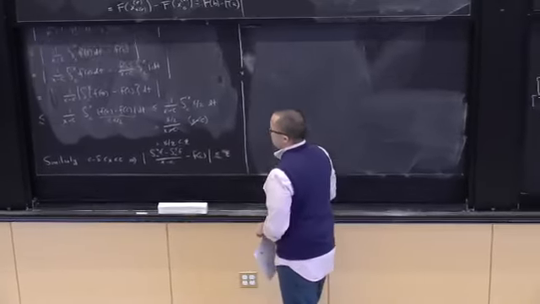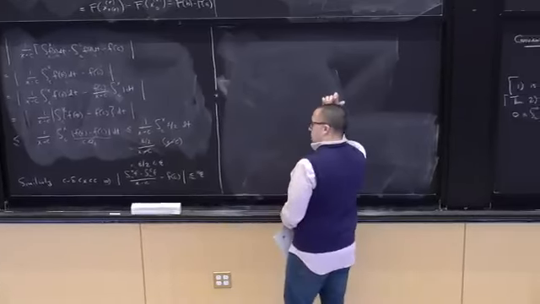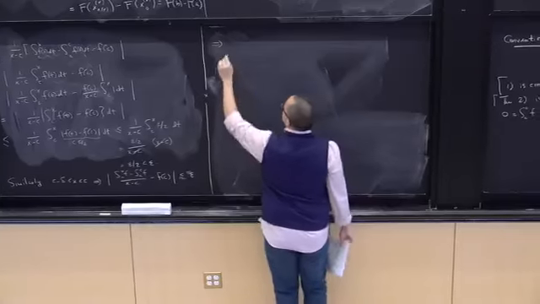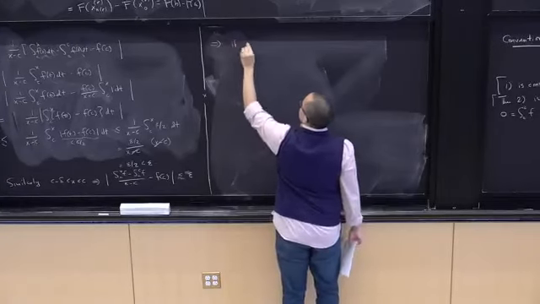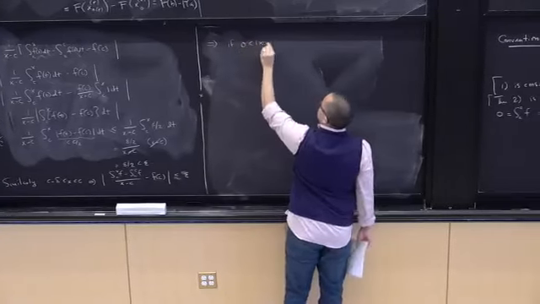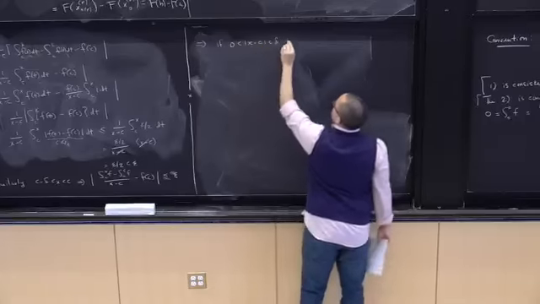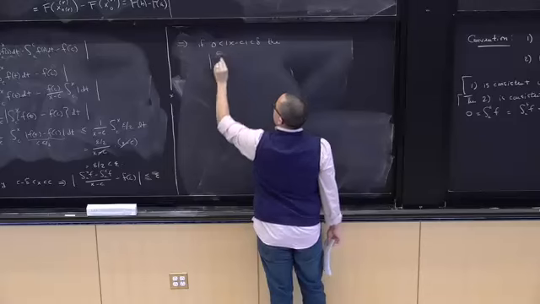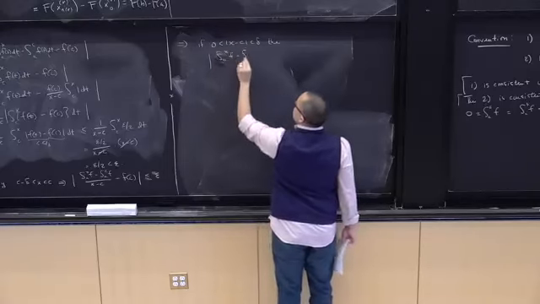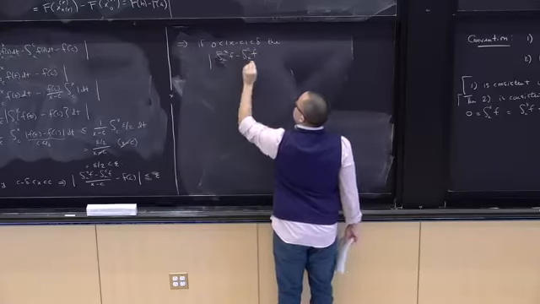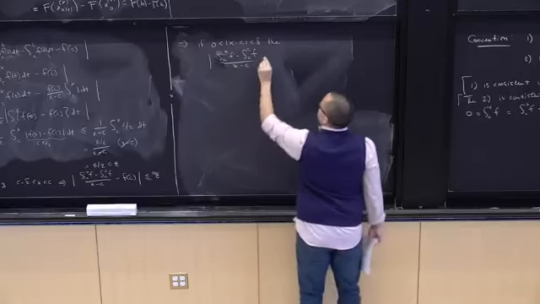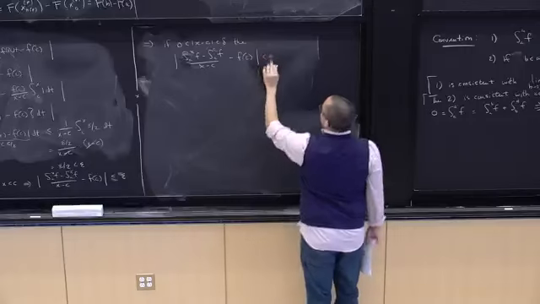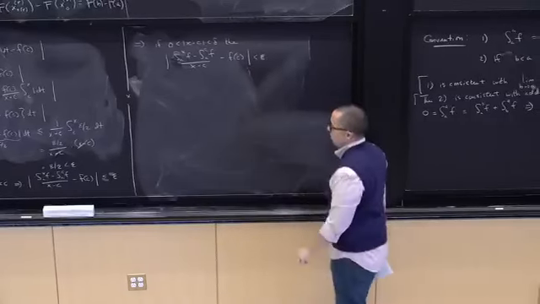So we've done x between c minus delta and c, and x between c and c plus delta, which implies the result, which is what we wanted to prove. Okay?